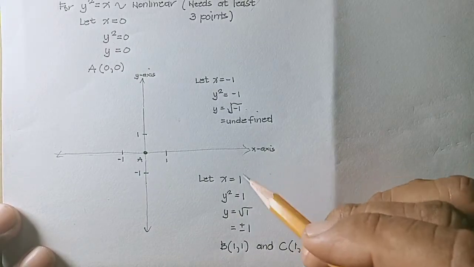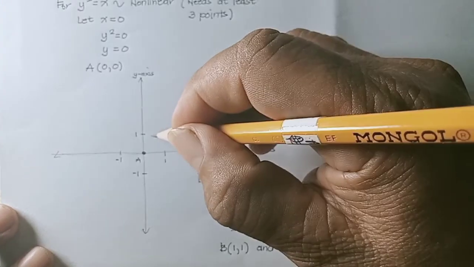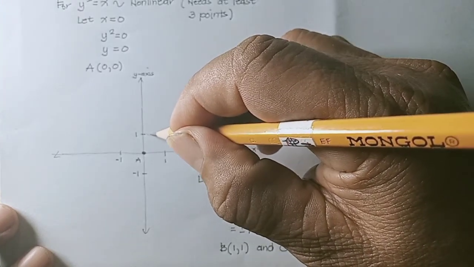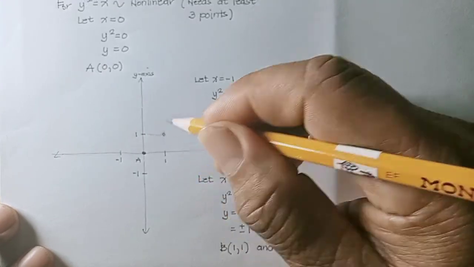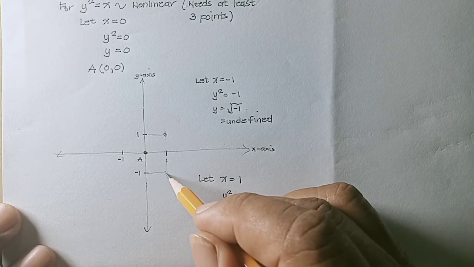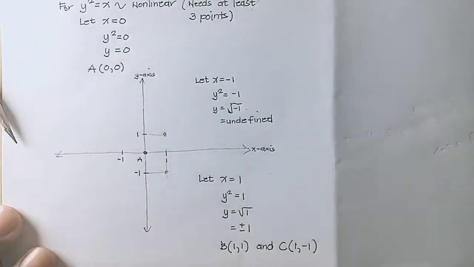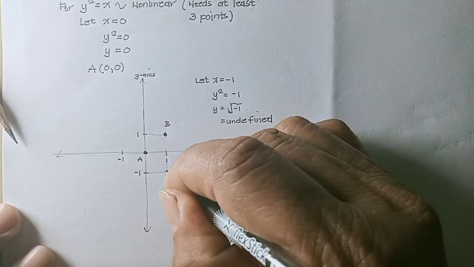Let us now plot these 2 points on our coordinate axis. Point B will be somewhere here, right there. That's going to be point B, and then point C will be somewhere here, right? That's going to be point C.